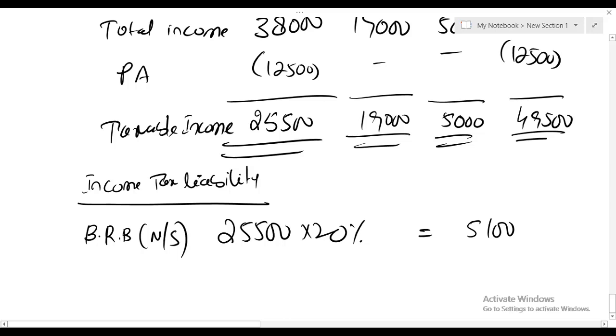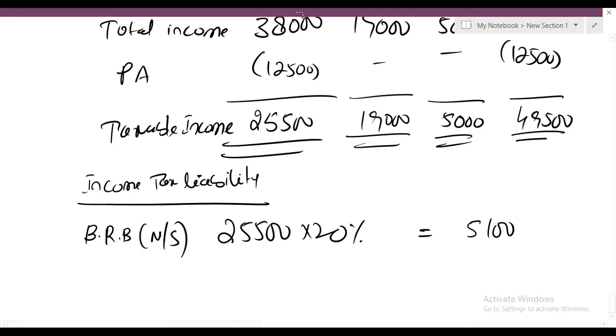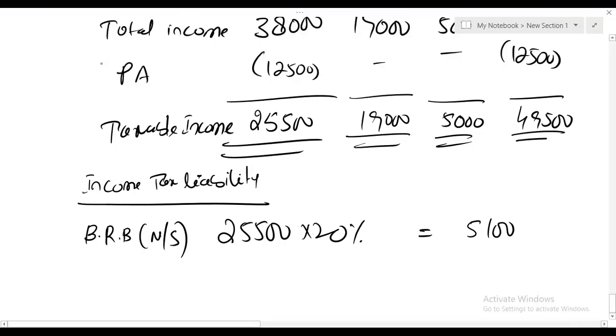Next point. How do we decide that this individual is a basic rate taxpayer, higher or additional? Let me change the color of my pen to show you how we decide. Look at this, where the circle is coming. By looking at this amount, you have to decide whether this individual is a basic, higher or additional rate taxpayer.